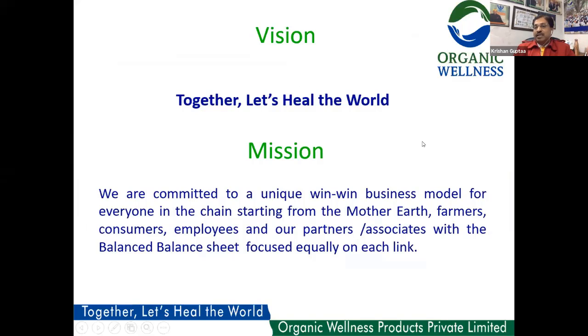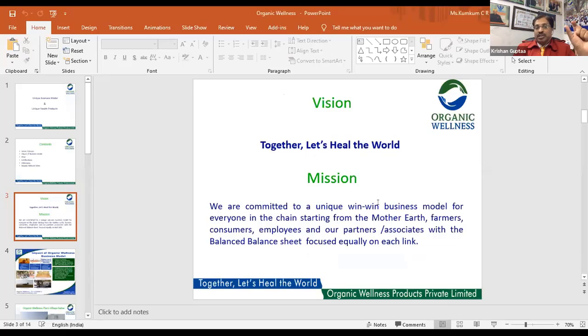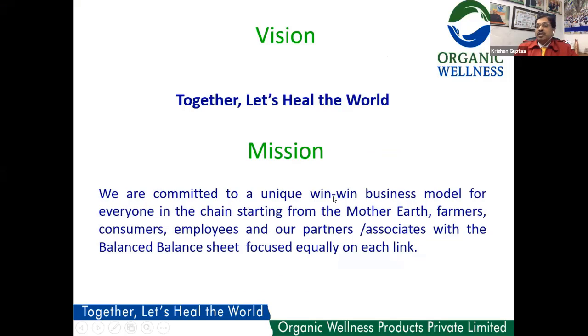Today, we see many challenges across India, including the current agitation. What our business model does is make sure everyone wins, and I'm going to explain to you bit by bit how this business model impacts everyone positively in day-to-day affairs.